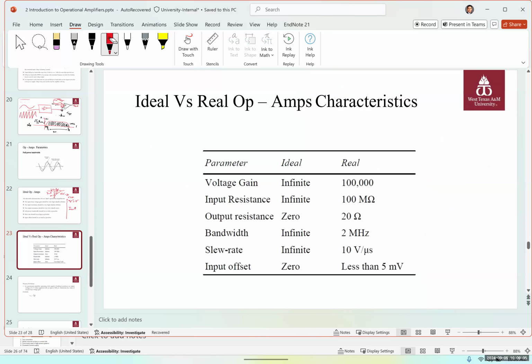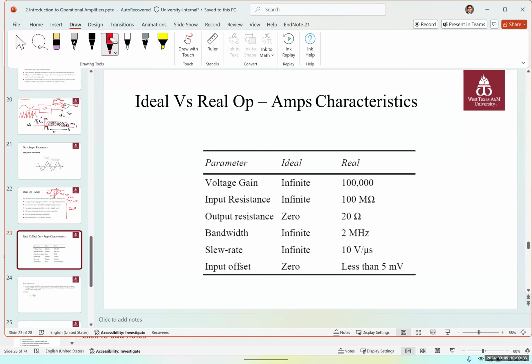Now, what is the difference between an ideal op-amp and a real world op-amp? For an ideal op-amp, the voltage gain should be infinite. In real world, it's like 100,000. The input resistance is infinite. In real world, it's like 100 megaohms, which is still pretty high. 100,000 is also very, very high for the voltage gain.